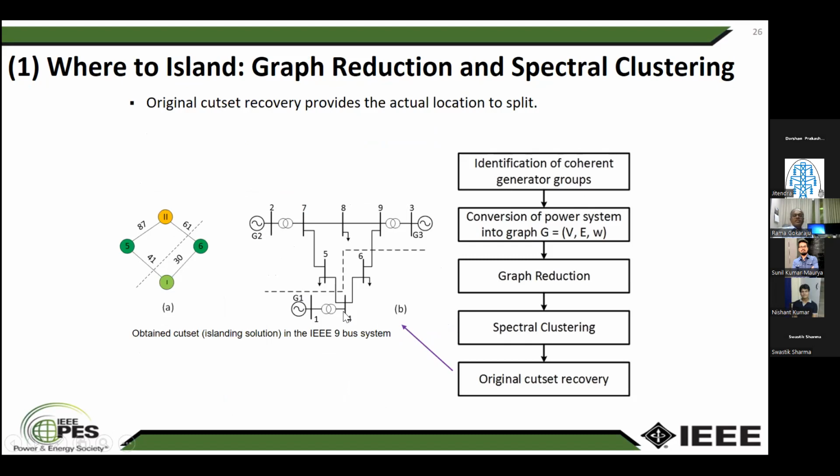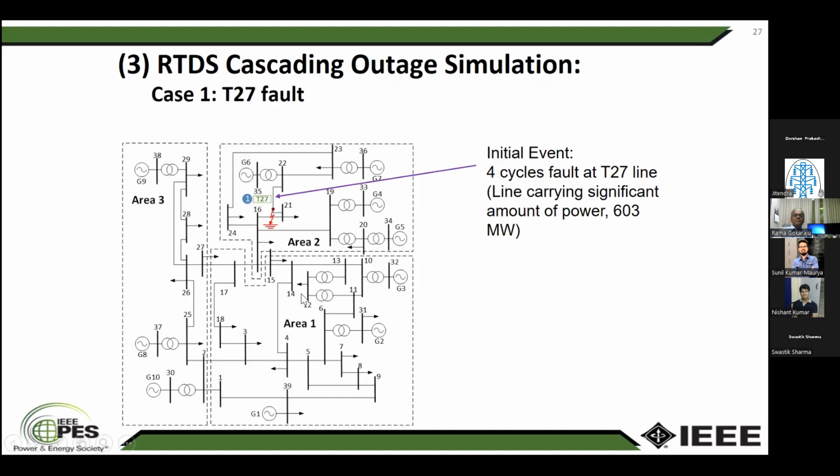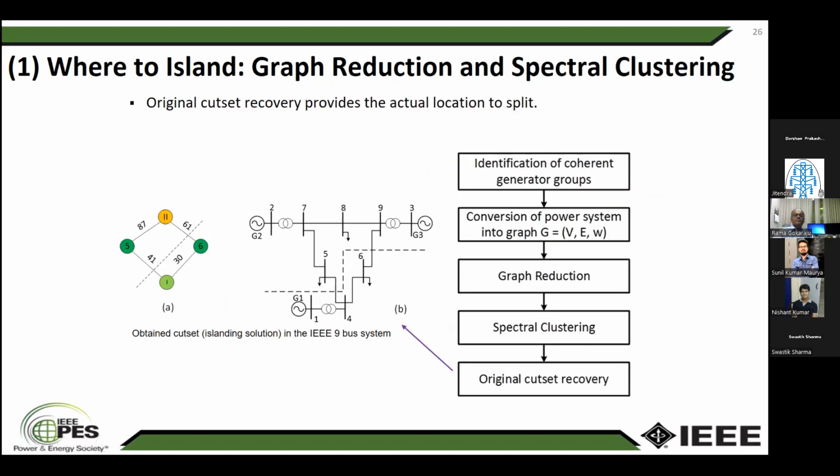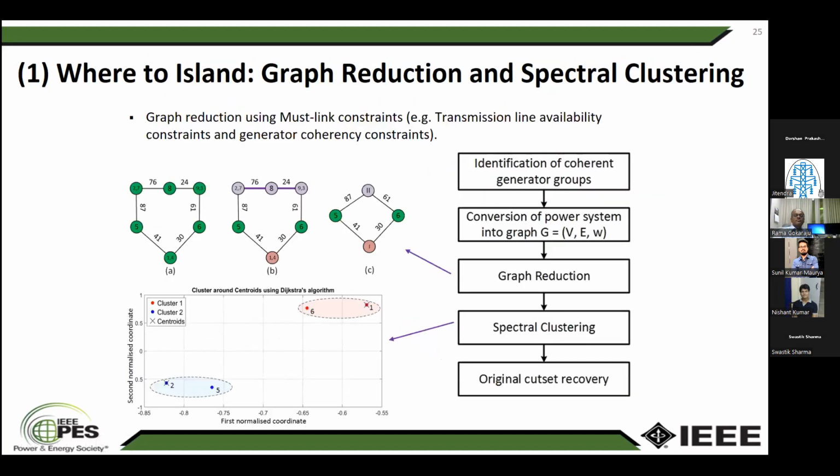And similarly, 1 and 4 is a coherent group, and 3 and 9 is a coherent group. So that is one reduction.